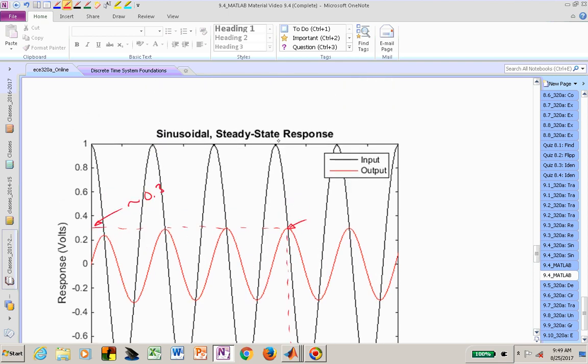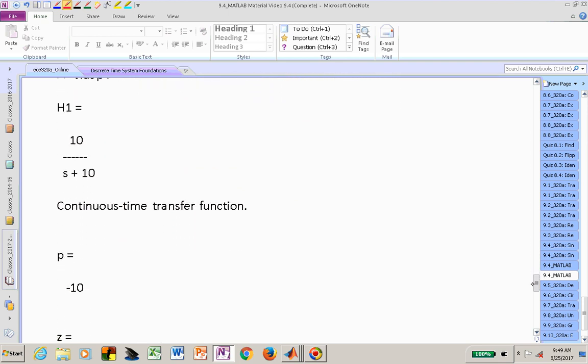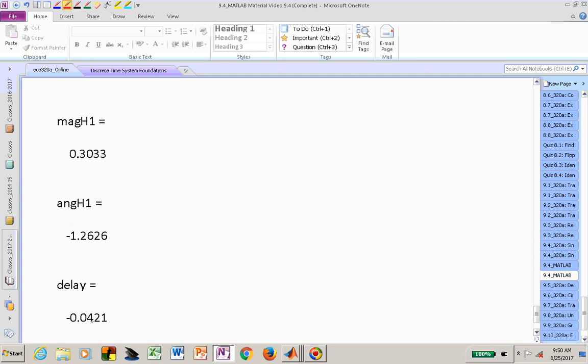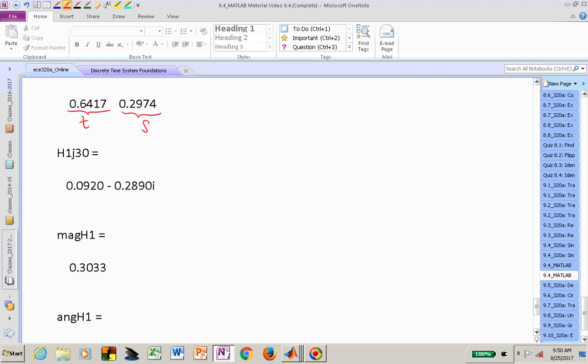And I'm comparing that with this peak of the input, so the delay between this peak of my input and the peak of my output is the difference between 0.64 and 0.6, or 0.04, which is what I was expecting that delay to be. Here's my delay of minus 0.04. The magnitude is about 0.3 when I evaluate the transfer function H1 of j30.